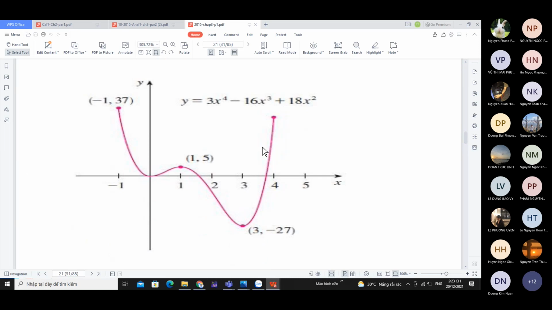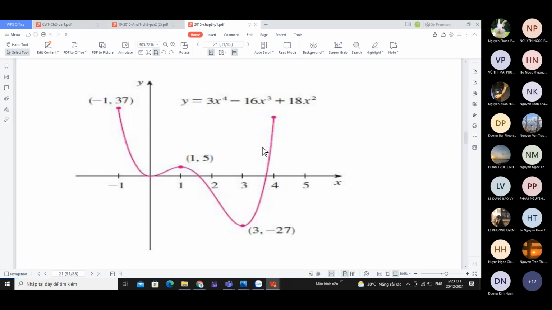Now, look at the following figure. Here you have f of 1 equal 5. The point with coordinates 1, 5 belongs to the graph of f.